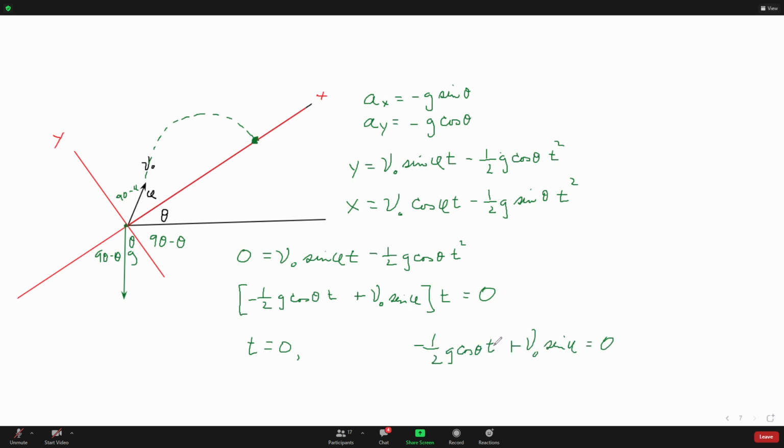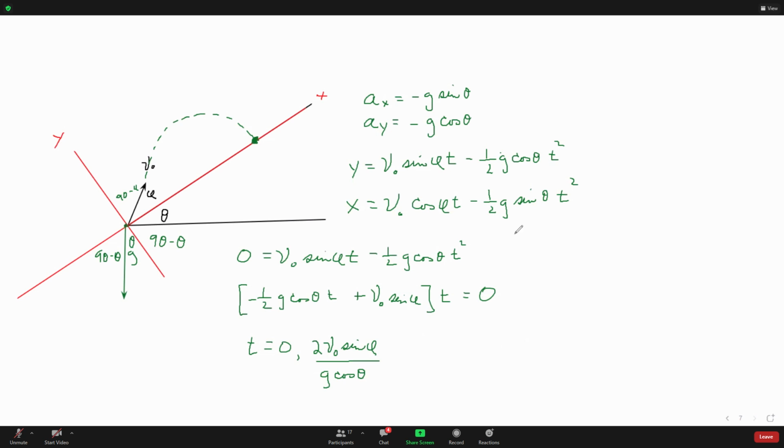So solving for t, we get 2 v0 sine phi divided by g cosine theta. Phi and theta, of course, are not the same angles, so that doesn't become a tangent like it did before.